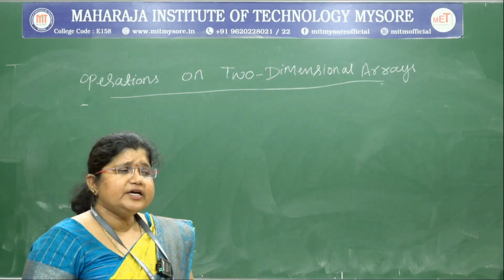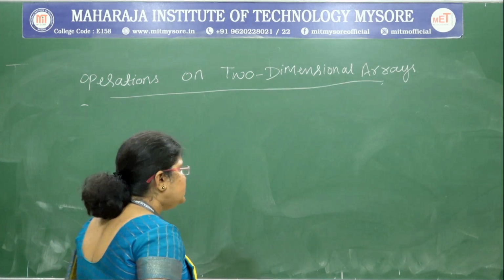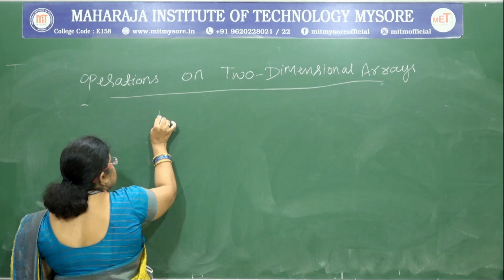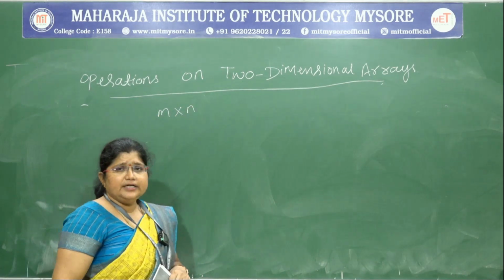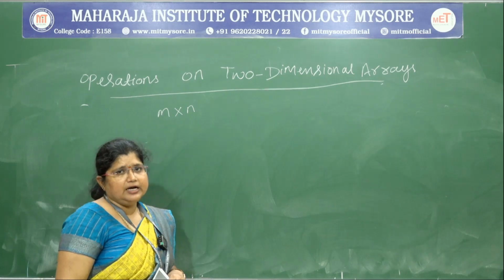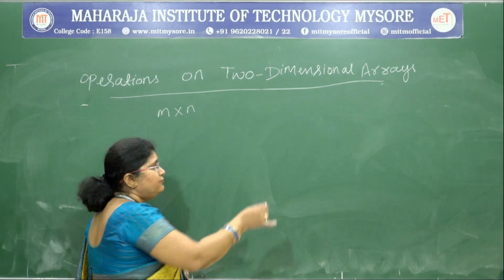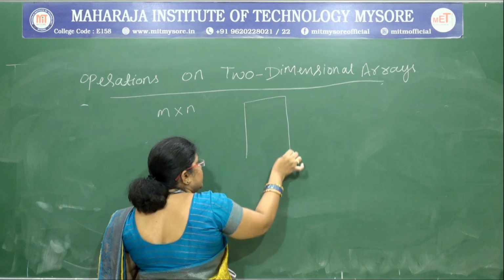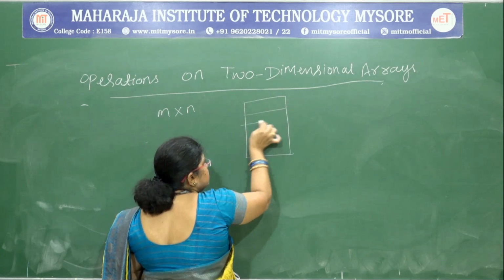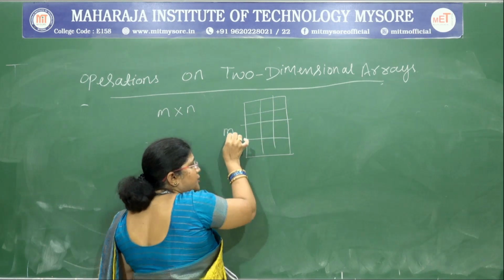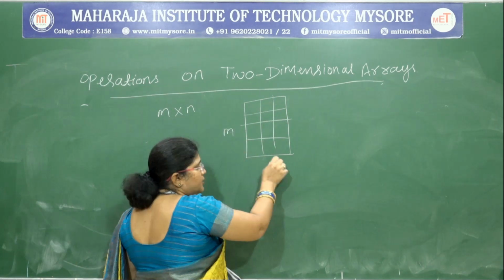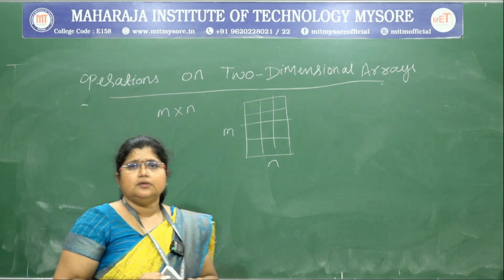So now if we consider m cross n elements, that is m rows and n columns, a matrix or a two-dimensional array is viewed in the form of a grid. It contains m number of rows and n number of columns.